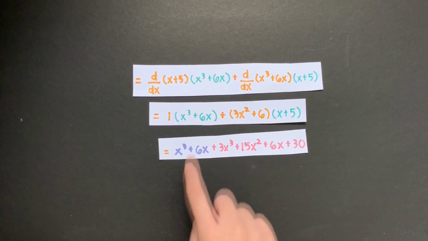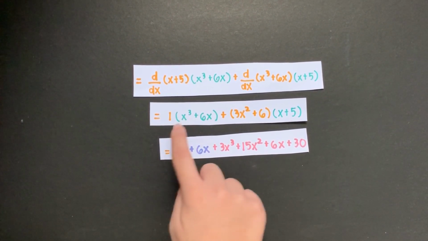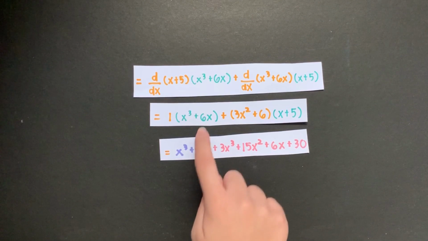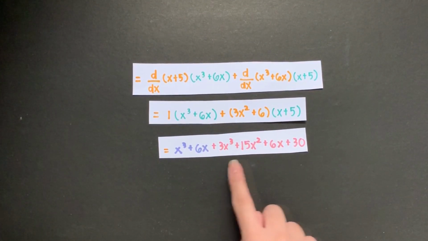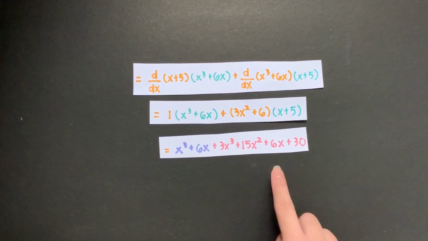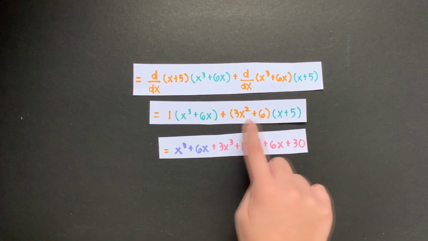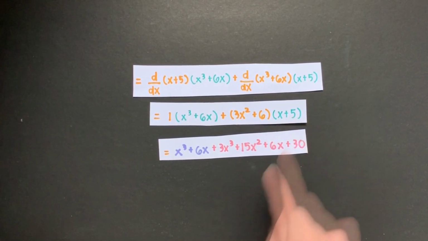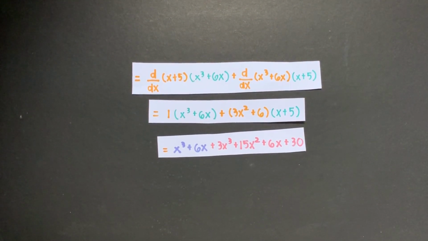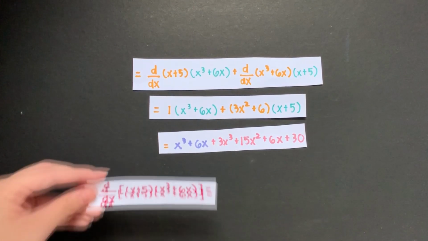One times x cubed plus 6x is equal to x cubed plus 6x, and then 3x squared plus 6 times x plus 5, we will use the FOIL method. So 3x squared times x is 3x cubed, and then 3x squared times 5 is equal to 15x squared, and then 6 times x is 6x, and then 6 times 5 is equal to 30.